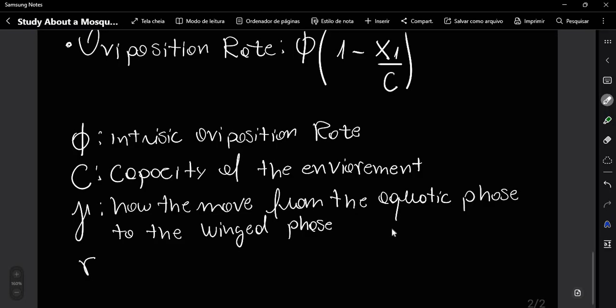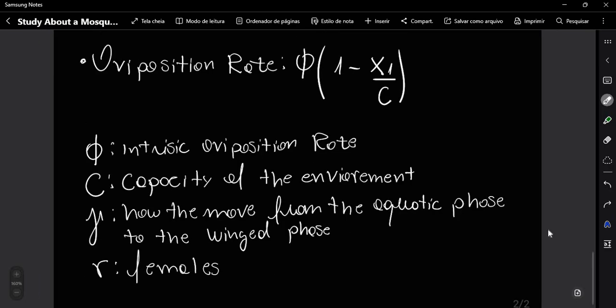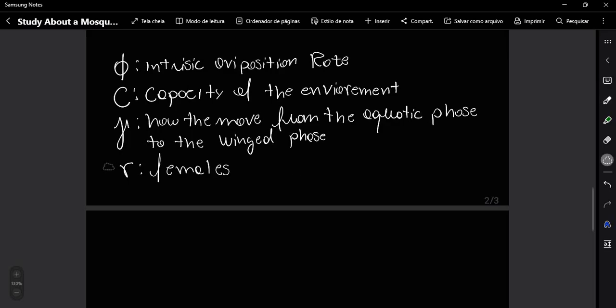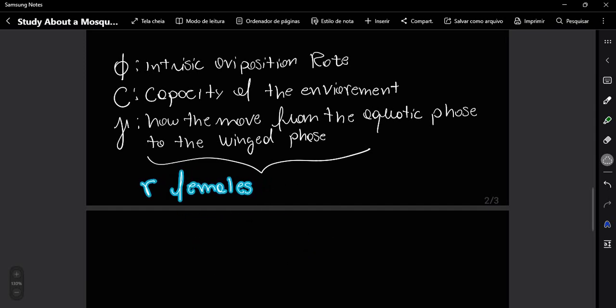And we have a portion of females on this phase: from this phase, a portion is female and the other portion is of males.